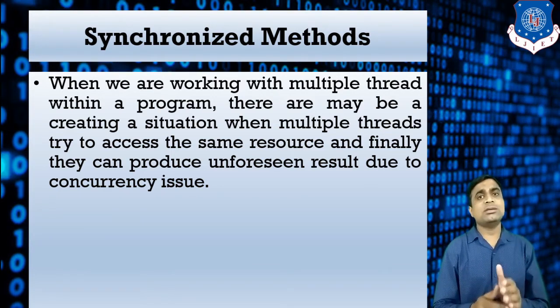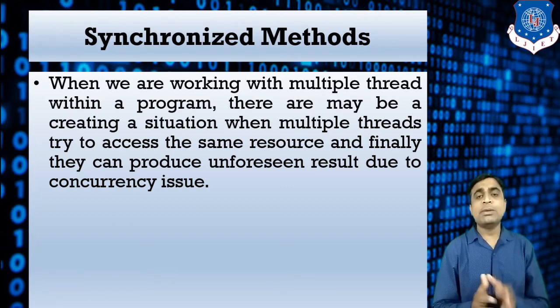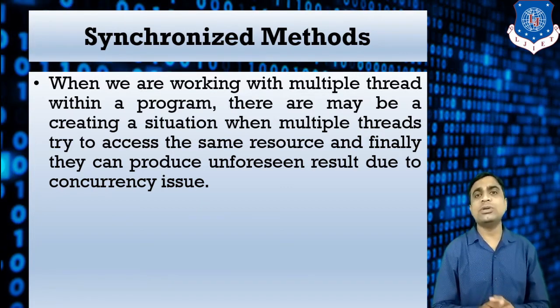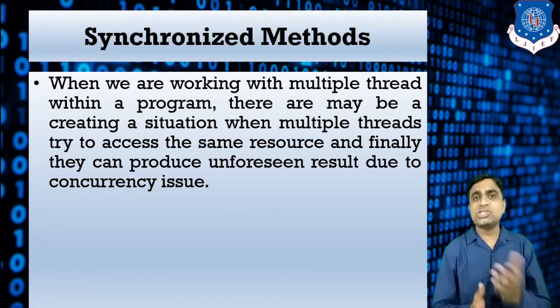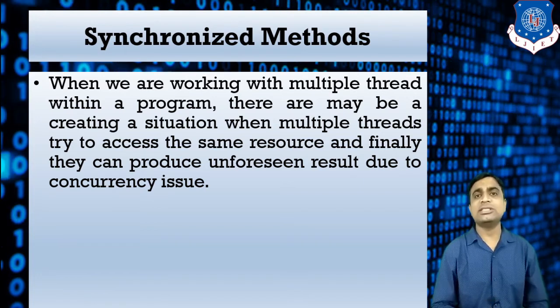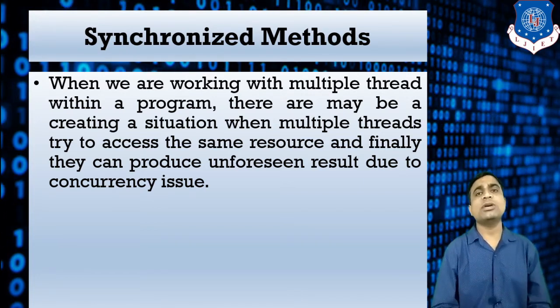We all know threads execute simultaneously, but by chance suppose thread 2 is executed first, so thread 2 will require the result of thread 1, and thread 1 has not started execution yet. This will produce some wrong result.